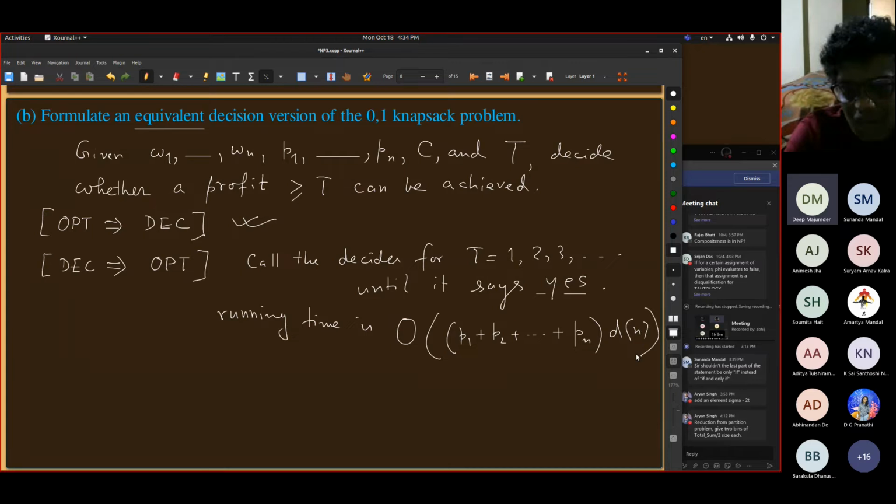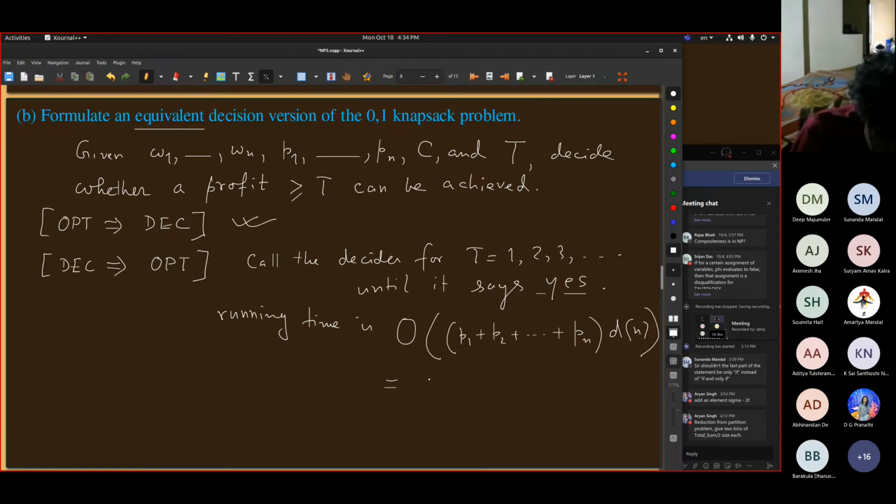No, sir. No, right? Because it depends on the values rather than their bit sizes. In fact, if P max is the maximum profit, this is same as big O of n P max dn. So this factor of n is perfectly harmless, but P max is a value, not its size.